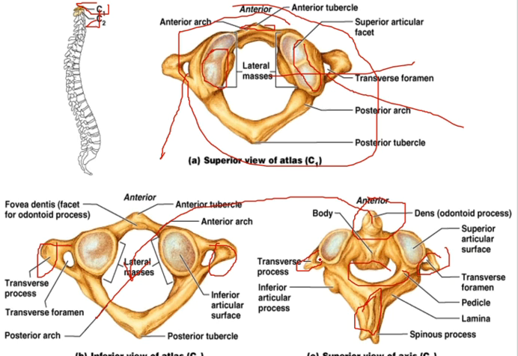Then we have the vertebral canals here for passage of nerves and blood vessels. We said earlier that this odontoid process fits into the neural canal of the atlas to allow rotational movements of the head.